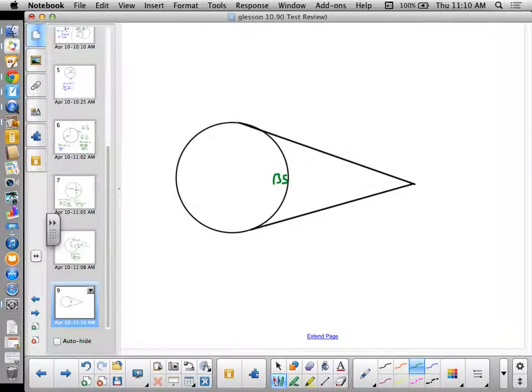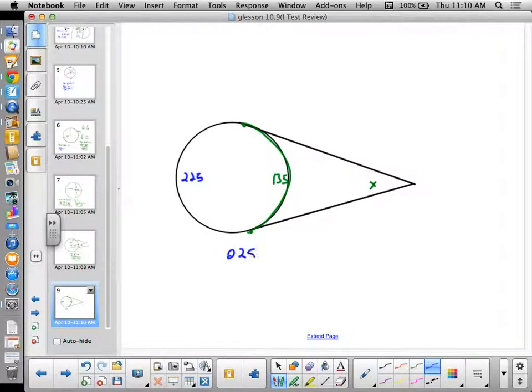This arc is 135, that's x. Well, again, I don't have enough information yet to find x, but I could, since 135 just goes from here to here. What's the rest of the circle going to be? 225.